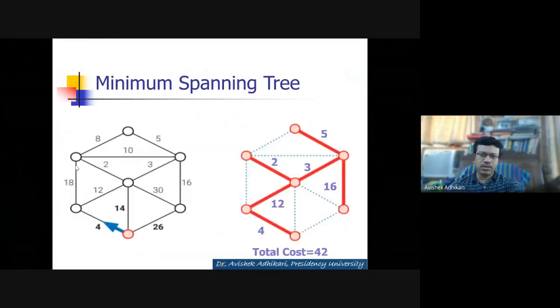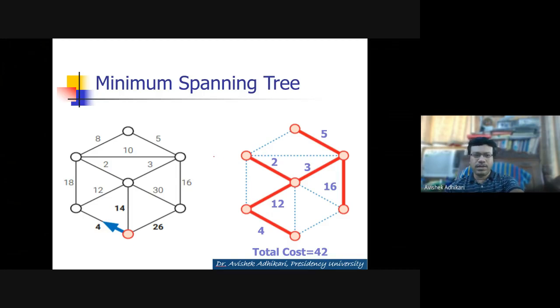What is this cost? This cost is 42. So here he has taken 4, 12, then 2, 3, 5, and 16. So 16, 32, and 10, 42. Yes. So you can see that this cost is even less than your cost.